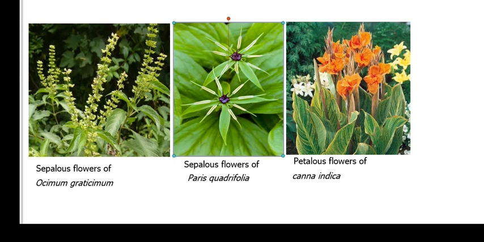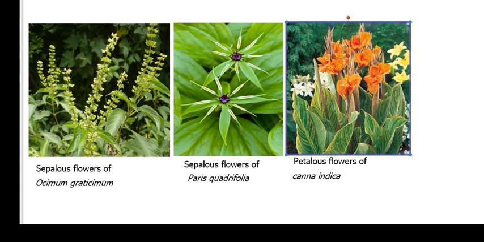As you can see in the case of the middle picture, such as Paris quadrifolia, both the calyx and corolla are greenish in color. Even in the case of Ocimum gratissimum, commonly known as scent leaf, you can see that every part of the flower is greenish in color. So such flowers are said to be sepaloid. Sepaloid means everything behaves like sepal, while sepalous means it has sepals. So we can see these flowers are sepaloid and sepalous at the same time.